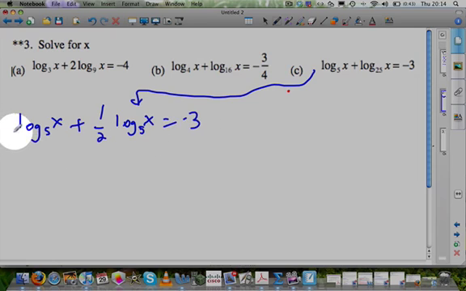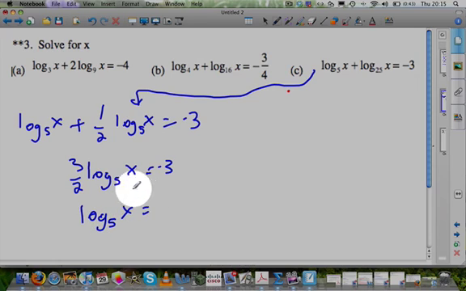Good. So 1 plus 1/2 is 3/2 log base 5 of x equals -3. Taking this side, dividing by 3/2 gives log base 5 of x equals -3/3 is -1 and times 2, so -2.